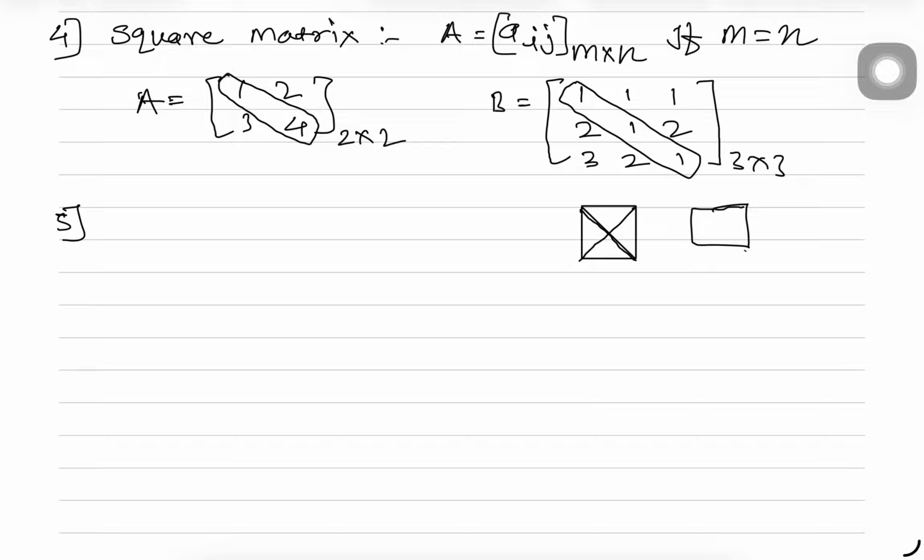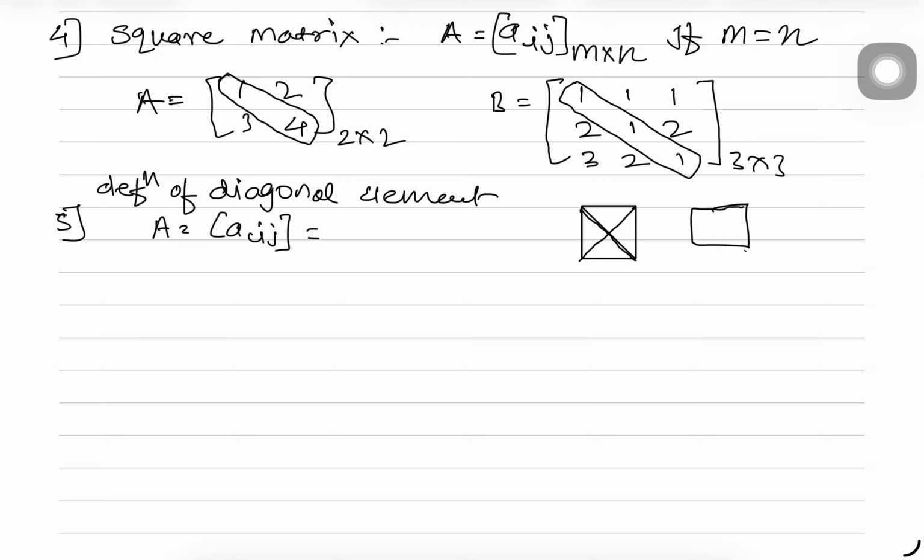Why? Because of the definition of the diagonal element. For a diagonal element of any matrix A of ij, of order m cross n, or m cross m because the number of rows is equal to the number of columns, the condition says that i is equal to j.